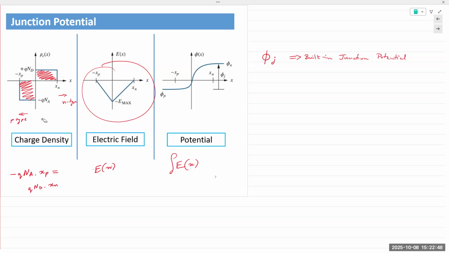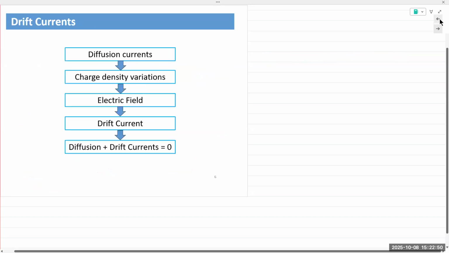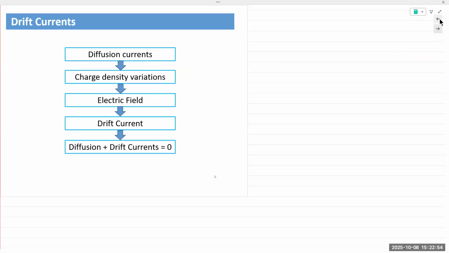All right, let's go back here. So in summary, the process is you have doping on both sides. You have donor atoms on the N side, so you have a plethora of electrons, or excess of electrons.